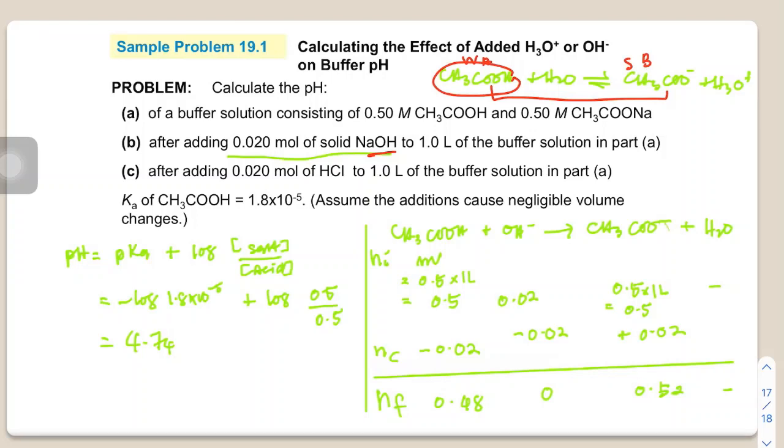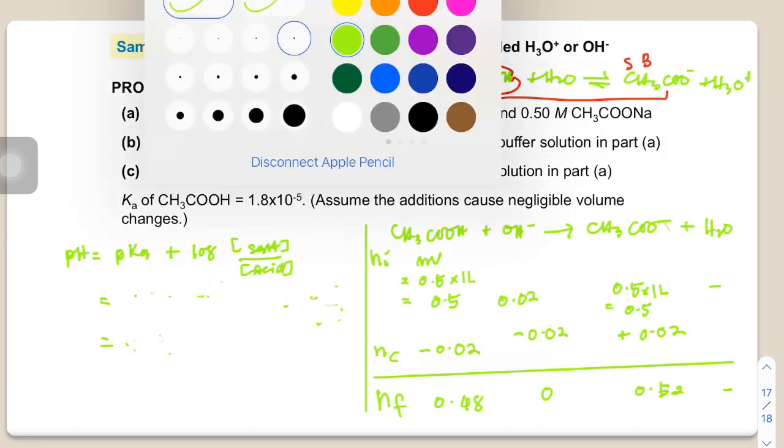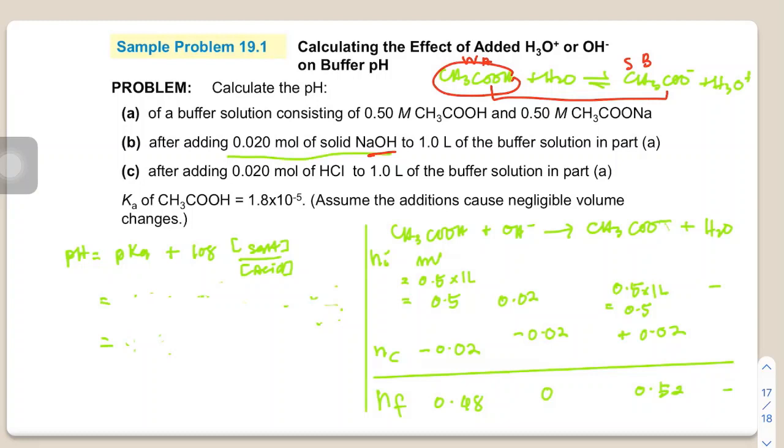Then we can calculate the pH by using the same equation as before. So identify which one is the acid and which one is our salt. So this is our acid, new amount, this is salt. Okay.